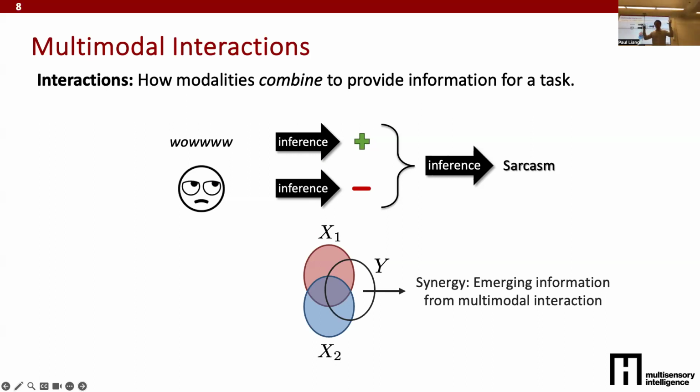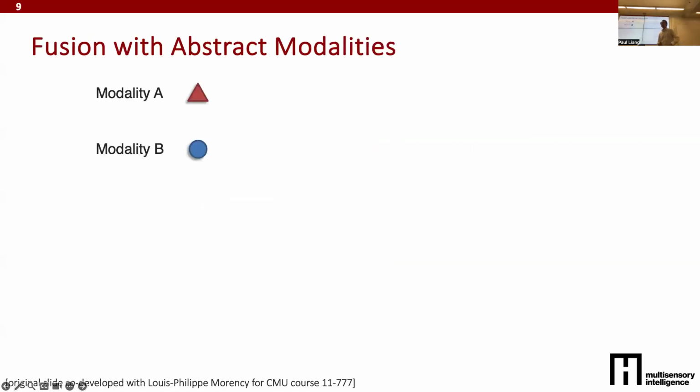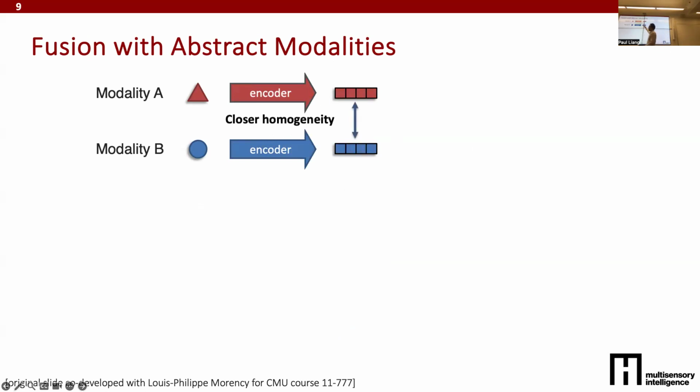So the whole idea of multimodal fusion is to capture these different types of information, ways that information merges together when given multimodal data. So you saw this spectrum, fusion with more abstract modalities. This is the case where you first extract some features using pre-trained models, and then do something simple in fusion.